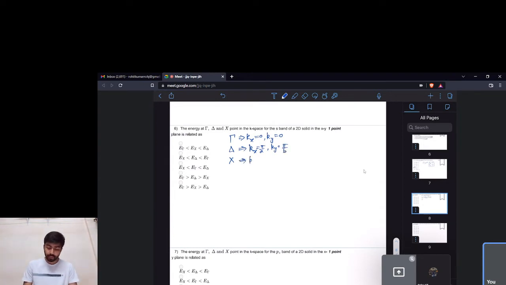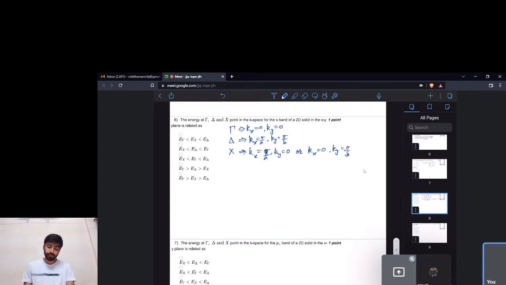X point is kx equal to pi by a and ky equal to 0, or these are the same thing, kx equal to 0 and ky equal to pi by b.